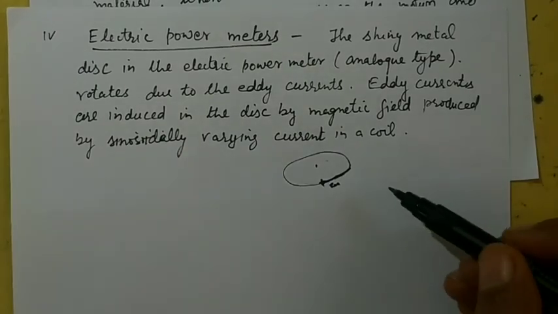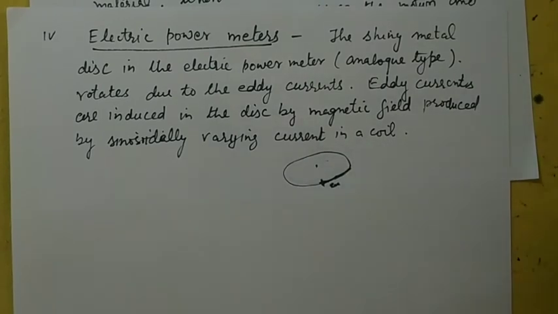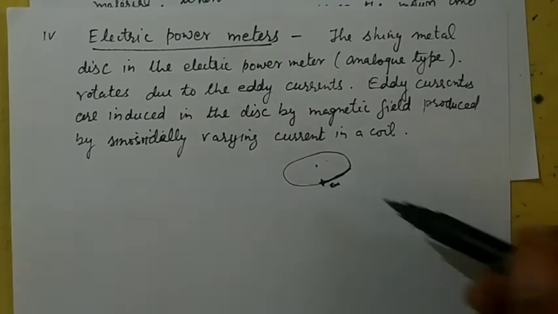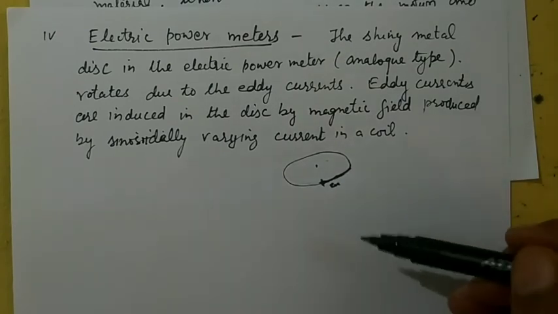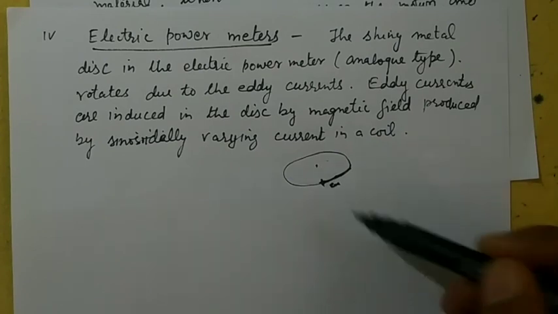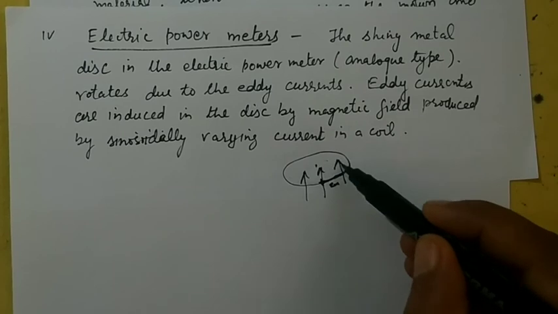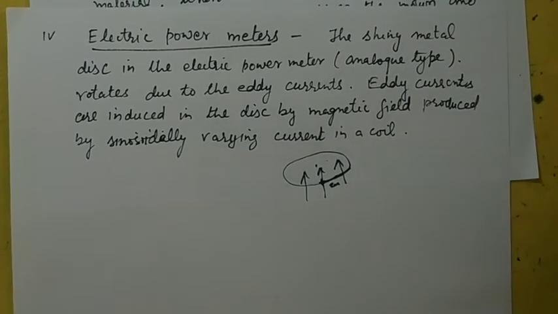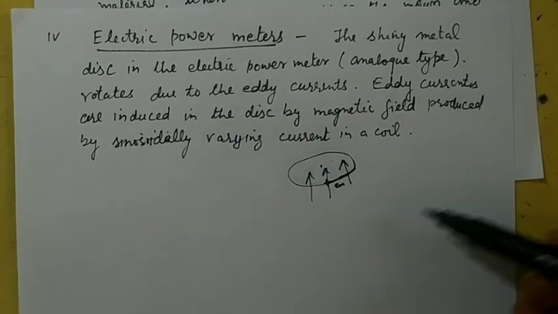As we vary the magnetic field linked with this loop, eddy currents are produced in this disc. Because of these eddy currents, this disc rotates.